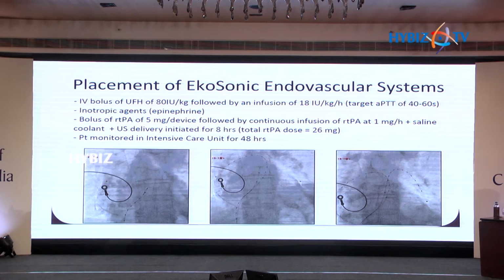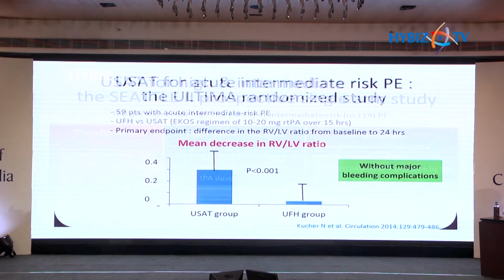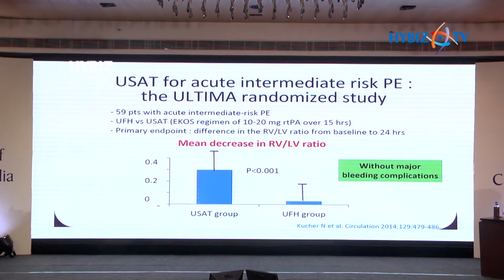Such therapy is backed by two studies. One is the SEATTLE II study, a single-arm study in which both high-risk and intermediate-risk groups of patients were studied, with very rewarding results, including dramatic diminishing of right ventricular pressure. And then we also have a randomized trial, the ULTIMA trial.